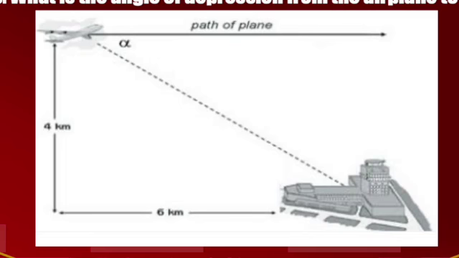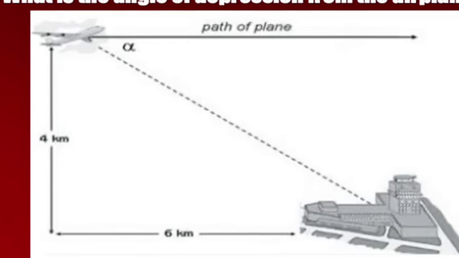Since we're talking about the angle of depression, as you can see in the figure, there is a small letter, alpha. In the Greek letter we call it alpha, which is a representation of an angle.